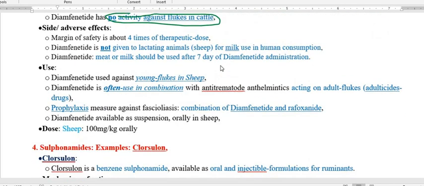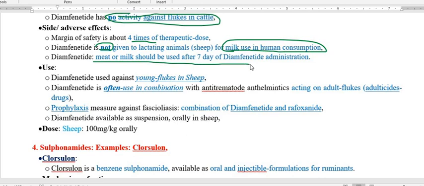Regarding adverse and side effects of diamphenethide, the toxic dose is about 4 times the therapeutic dose, and it is not given to lactating sheep because it goes through the milk, and if humans consume it then it is a problem. And it is also found in the meat.